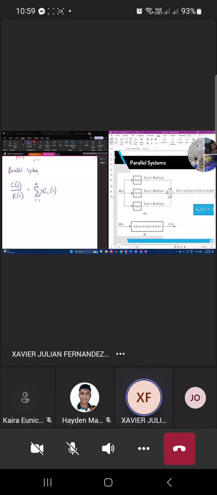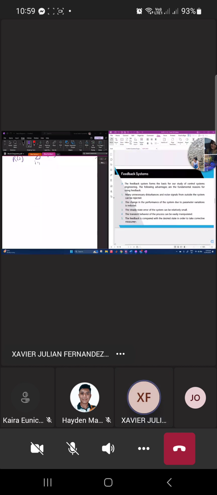So there are a lot of advantages for a feedback system, but also a lot of disadvantages as well. So let's tackle first our advantages sa feedback systems. So the first one is that many unnecessary disturbances and noise signals from outside the system can be rejected. So let's say for example, we have a very simple feedback system.